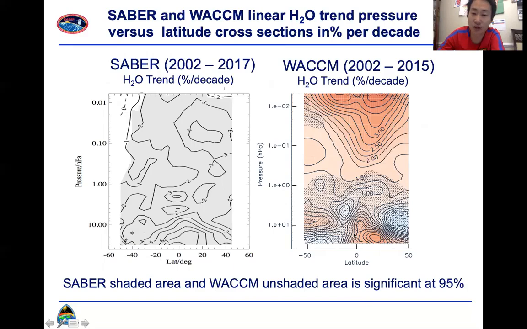As we just showed, WACCM doesn't reproduce the strong increasing water vapor in the stratosphere. On the other hand, WACCM does simulate increasing water vapor due to methane in the mesosphere. The detailed structures do not match each other.